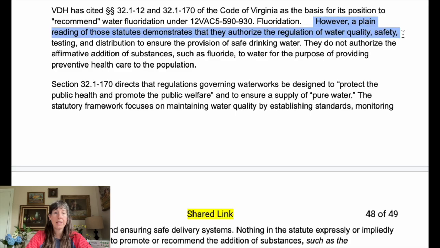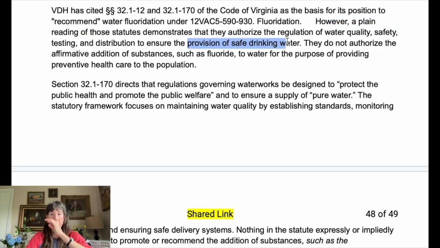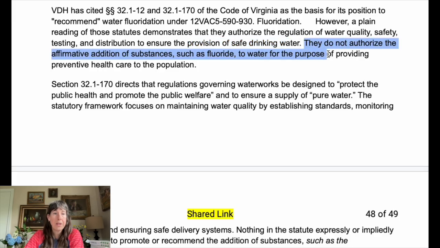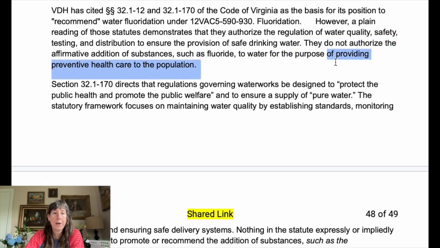However, a plain reading of those statutes demonstrates that they authorize the regulation of water quality, safety testing, and distribution to ensure the provision of safe drinking water. They do not authorize the affirmative addition of substances such as fluoride, hydrofluorosilicic acid, to water for the purpose of providing preventive health care to the population.